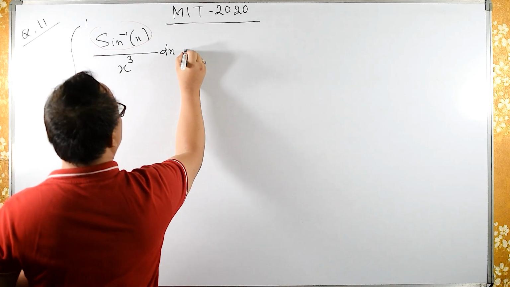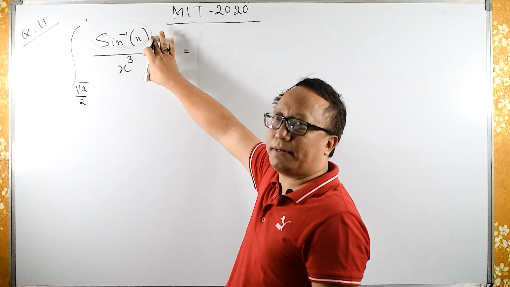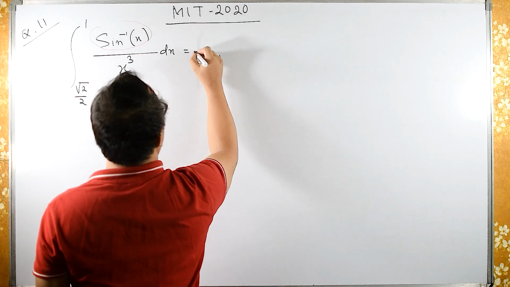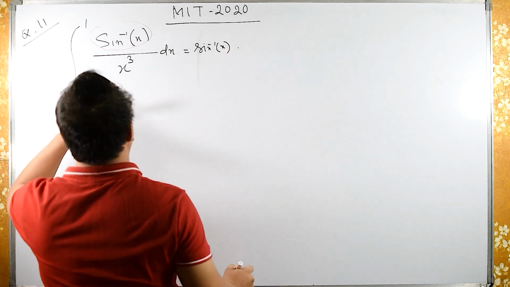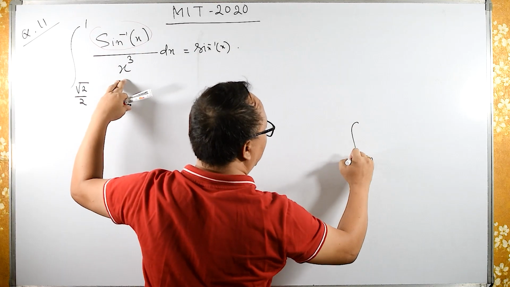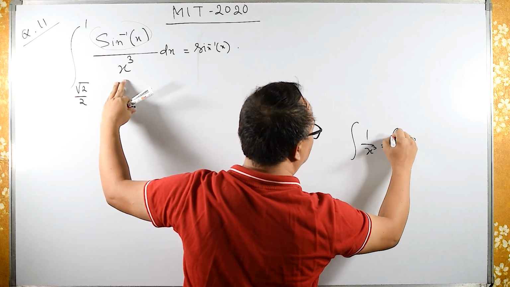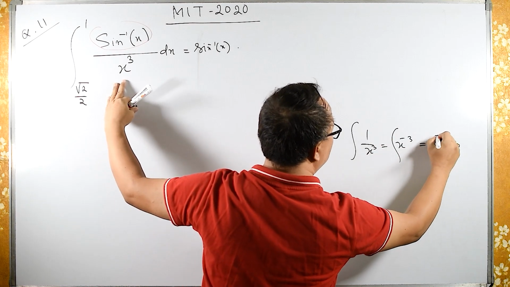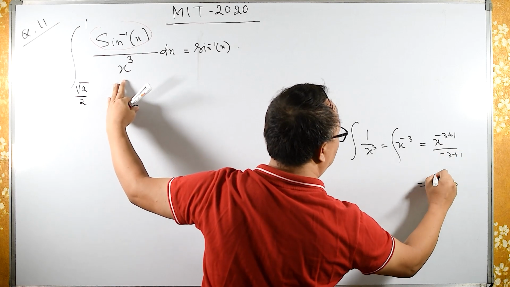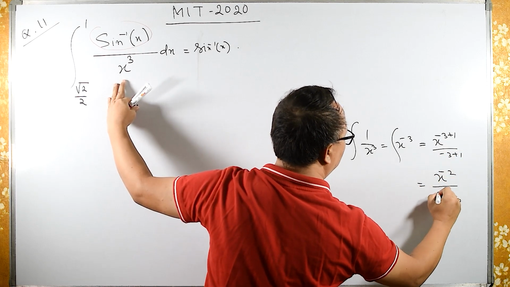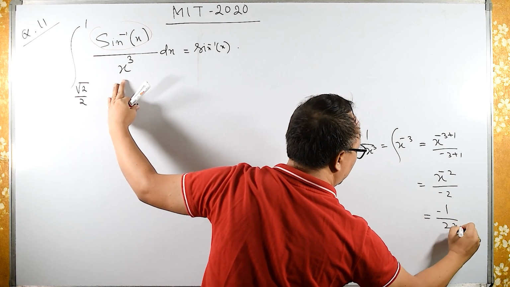This equals integral. So I will consider sine inverse x as the first function. So sine inverse x. Now the integral of 1 by x cube is the same as x raised to minus 3, which is x raised to minus 3 plus 1 upon minus 3 plus 1, meaning x raised to minus 2 upon minus 2, so I can say it's minus 1 by 2x square.